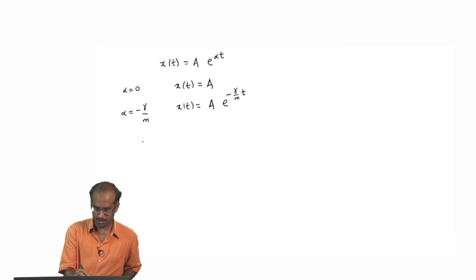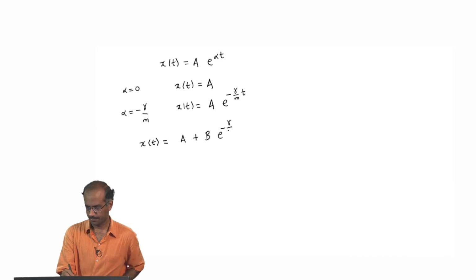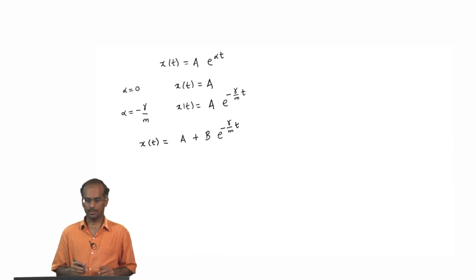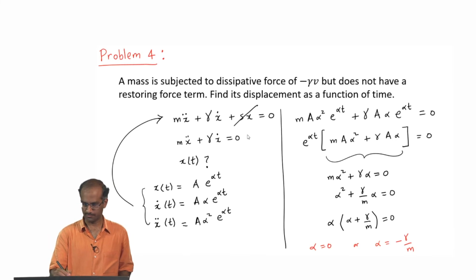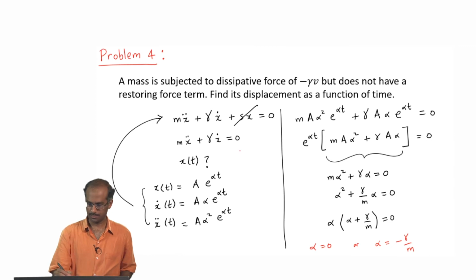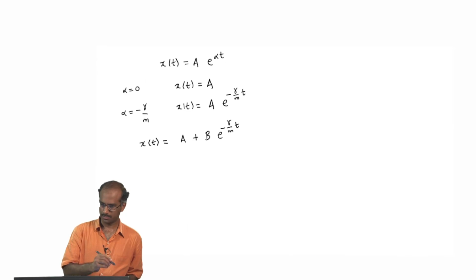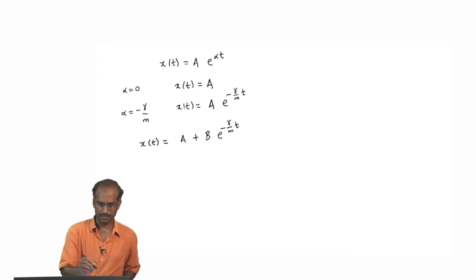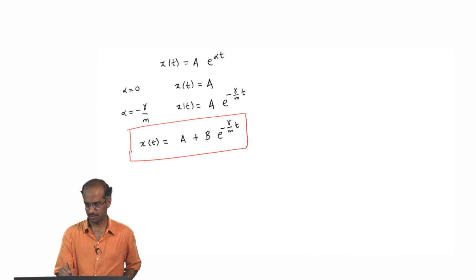So, the general solution for displacement as a function of time would be this one. Because we were solving a second order differential equation, which is this, we should have two independent constants, and that is satisfied by this form of the solution.